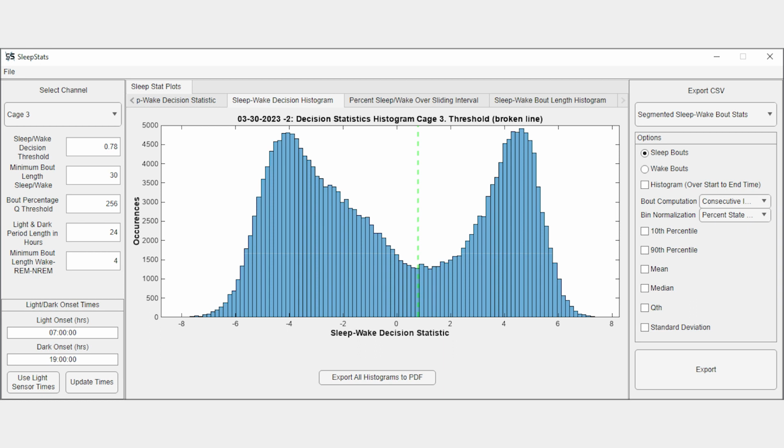This can sometimes cause the automatic threshold to be set less than optimal. In this case, it would be a good idea to check the sleep-wake decision statistic time series plots to make sure the sleep-like and wake-like waveforms are being separated properly. More on the meaning of this histogram and threshold adjustment is presented in the manual.